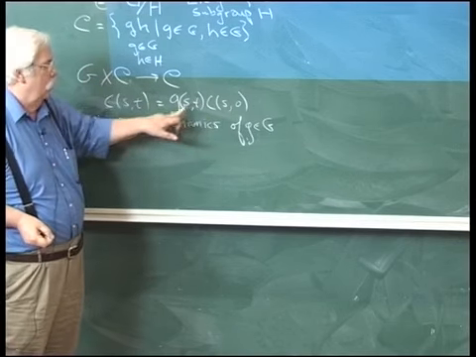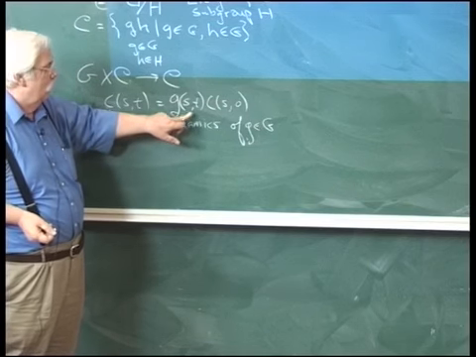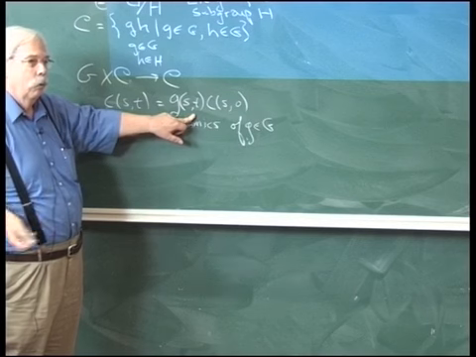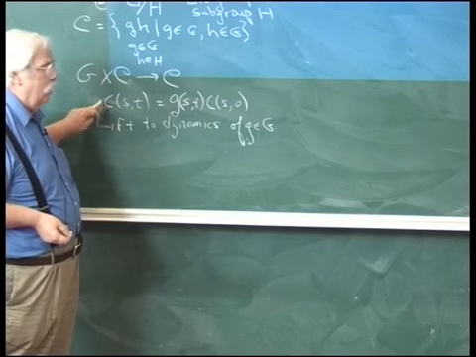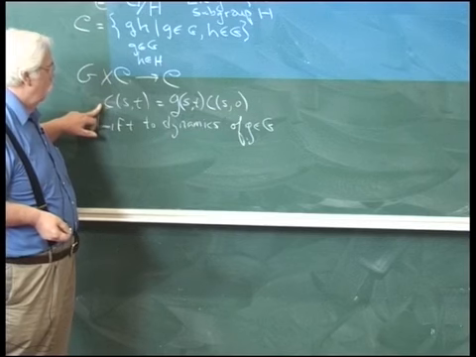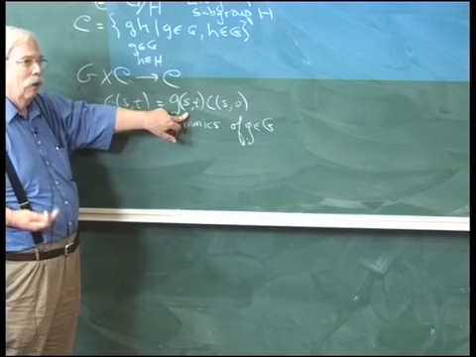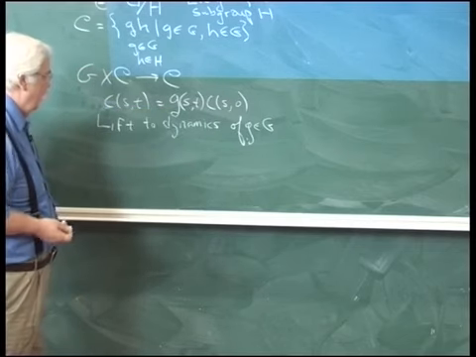This one's fixed. This one depends on time. So if we can get an equation that lives on the group, then we can come back and get the evolution of the elements of the coset space by acting with that. So we're going to pack all our physics into this.